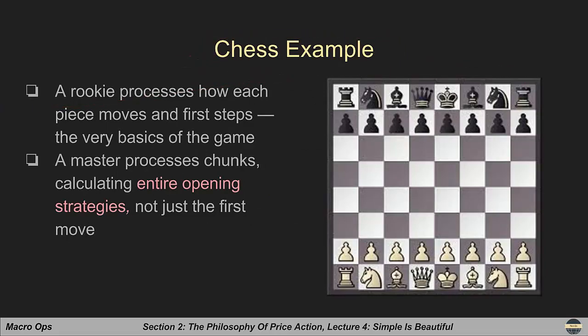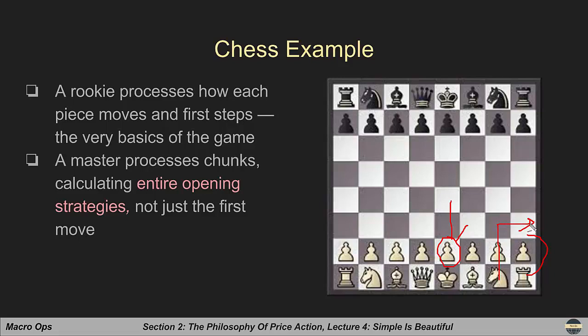So if you think about a rookie coming into the game, he has to process, hey, can I move this pawn 2 spots? Can I move this pawn here? He has to think about those basic things. He doesn't completely understand what every single piece does. Can this piece jump over to this square? No, it can't. But your knight can. He's thinking about these things in his mind.